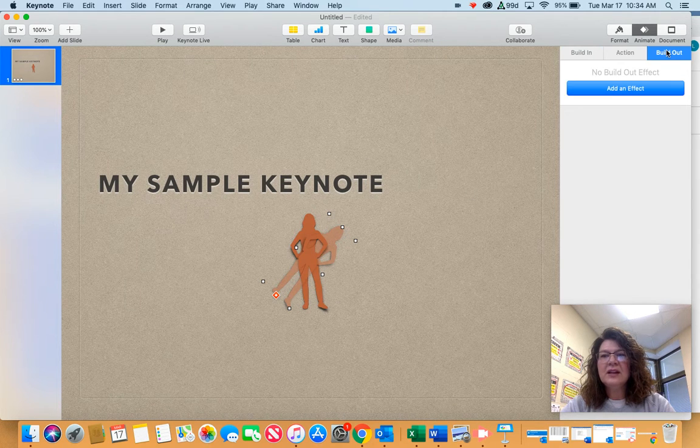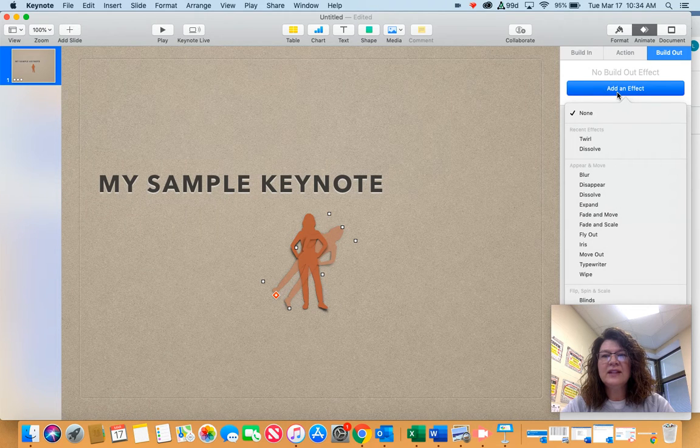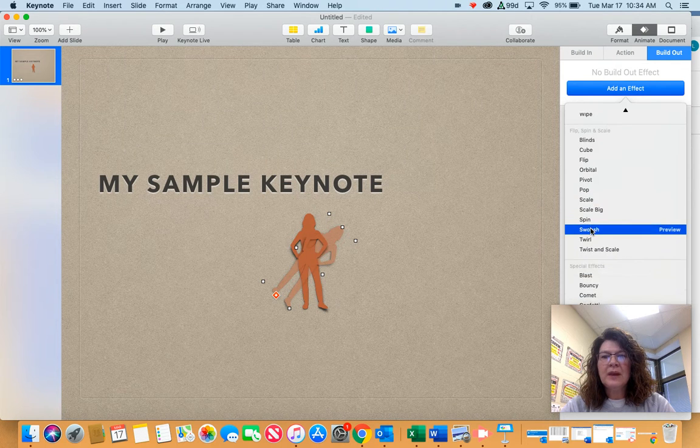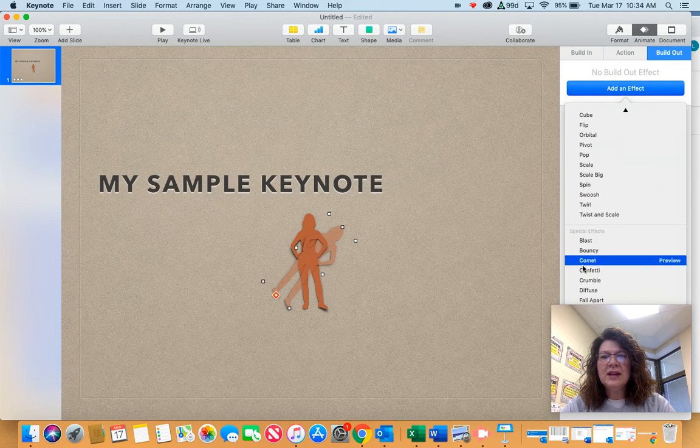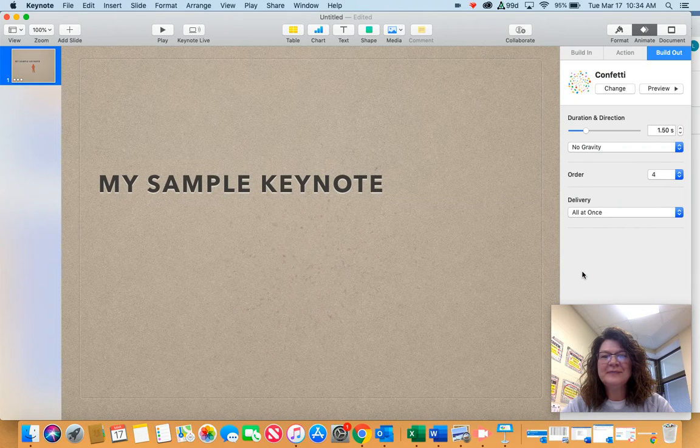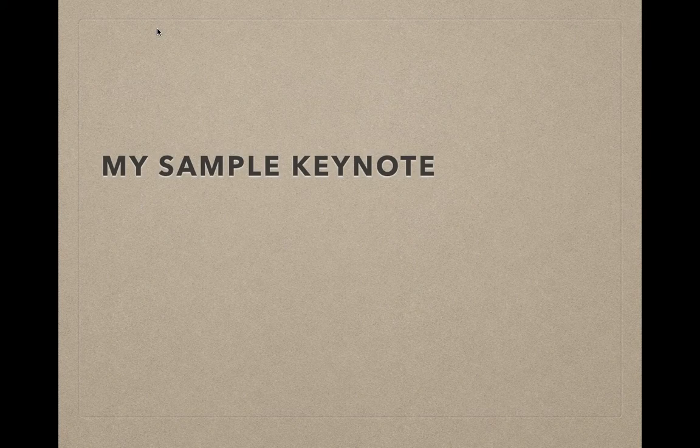The last thing that you would like to do is you can do a build out effect. You can add an effect here in which I'm going to say they are going to turn into confetti. And so if you want to see what your presentation is going to look like, you're going to hit play.